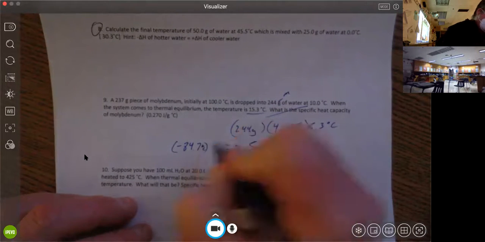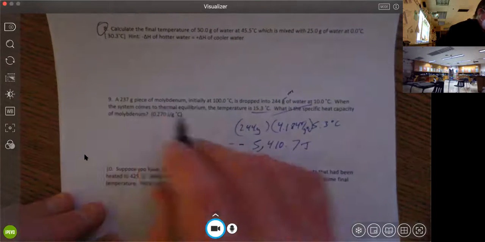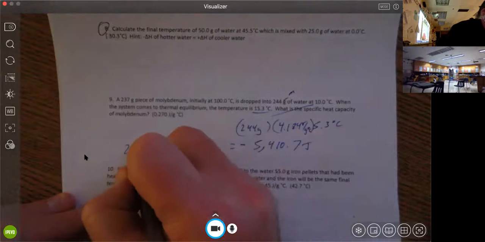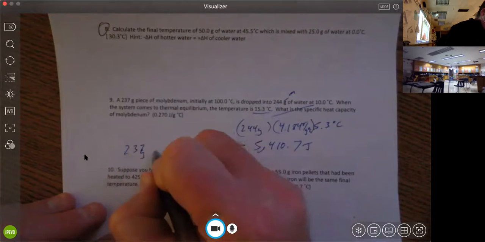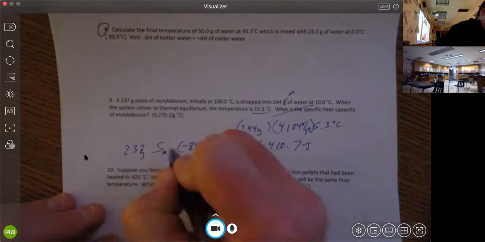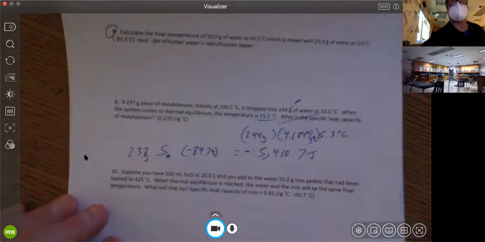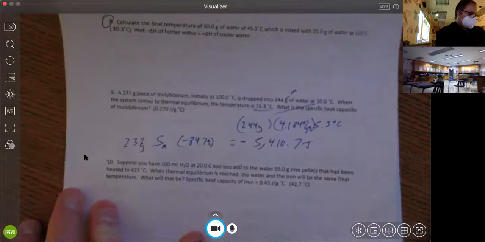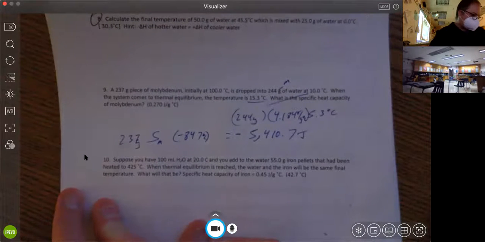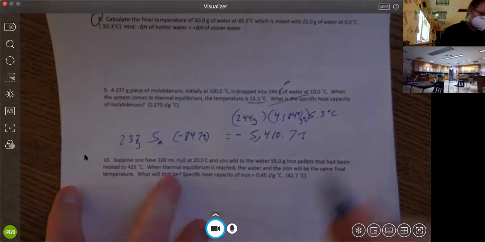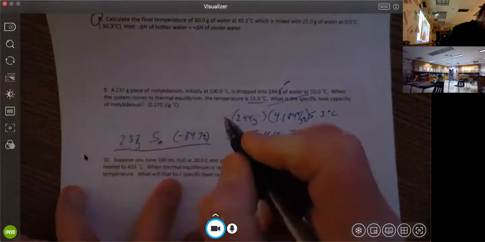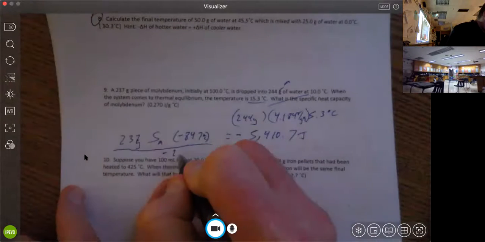That's degrees Celsius. The mass is 237 grams. And the specific heat capacity of the molybdenum, we don't know. 237 times negative 84.7. The answer is negative 20,073.9.